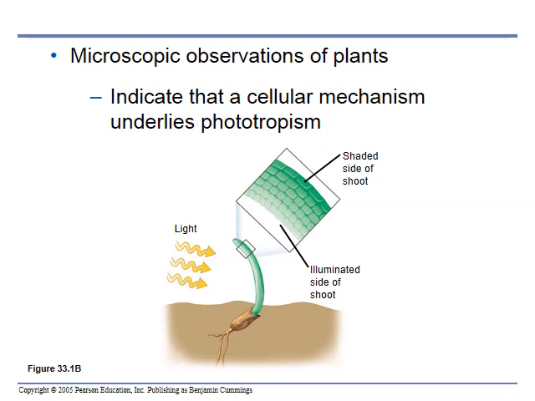The way we think this is happening is that the cells on the shady side become elongated. They elongate, and that causes the whole plant to turn toward the light source.